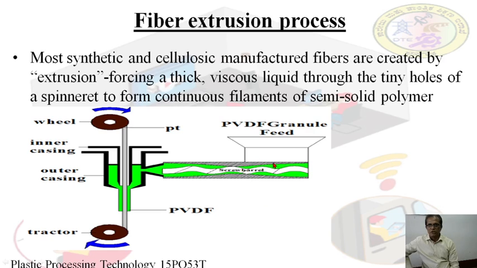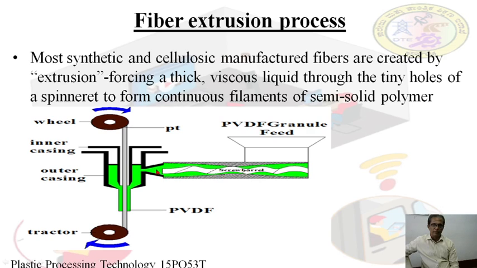So as you could see here, the cut section of the extruder is shown. This is called the spinneret. The granular material is fed here and will be melted in this screw and barrel arrangement.